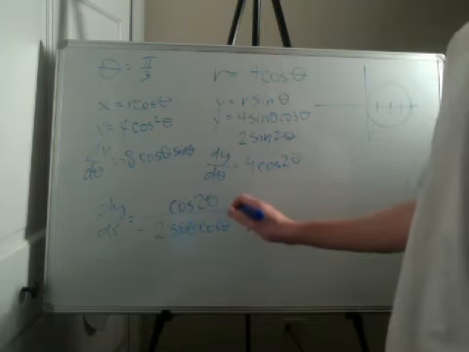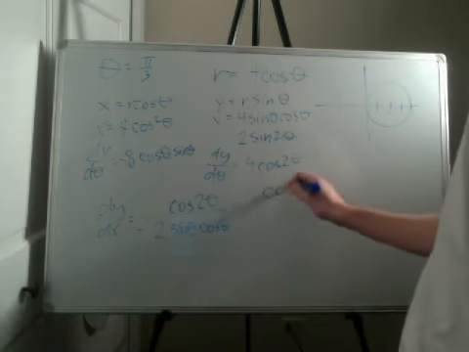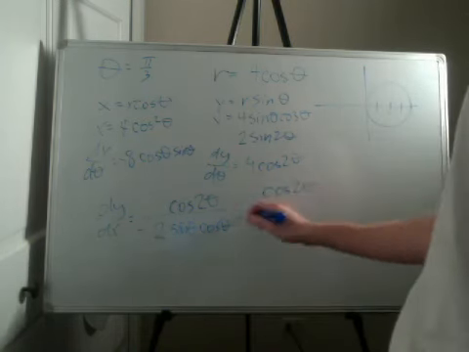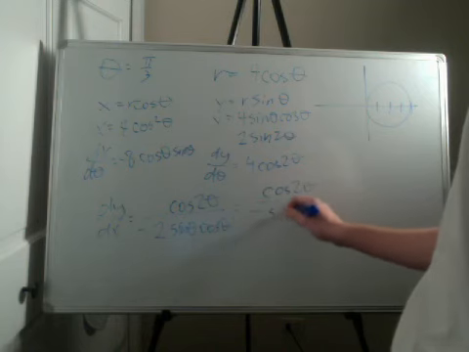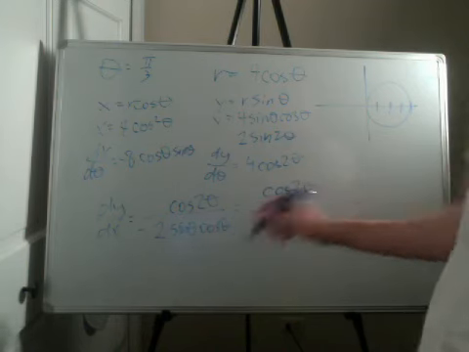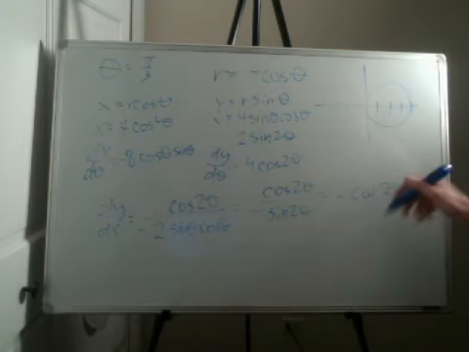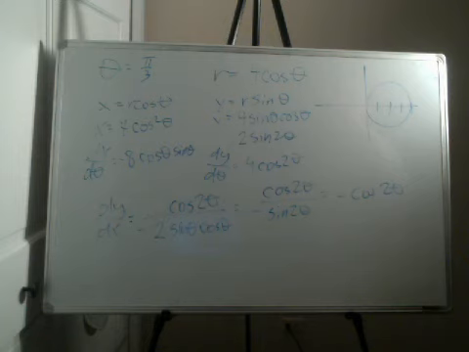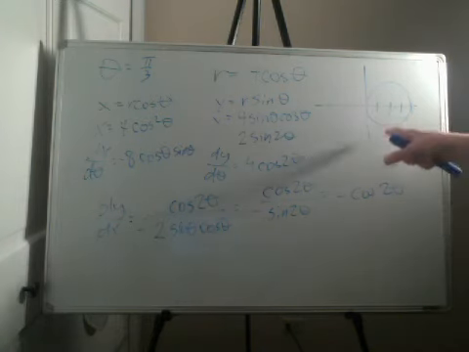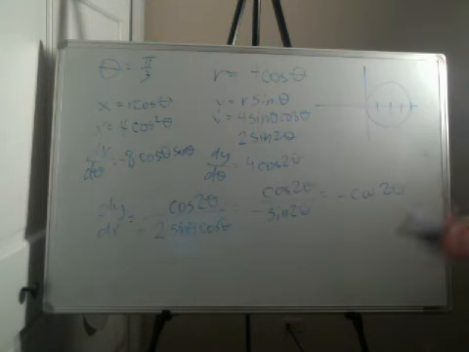And then this can turn into cosine of 2 theta over negative sine of 2 theta, because sine of 2 theta equals that, and you're left with negative cotangent of 2 theta. That was actually a really cool coincidence that ended up happening. So now this is the derivative, dy dx, for if you were to convert this into x and y. Note that I never found the original equation. That would be a lot of work.